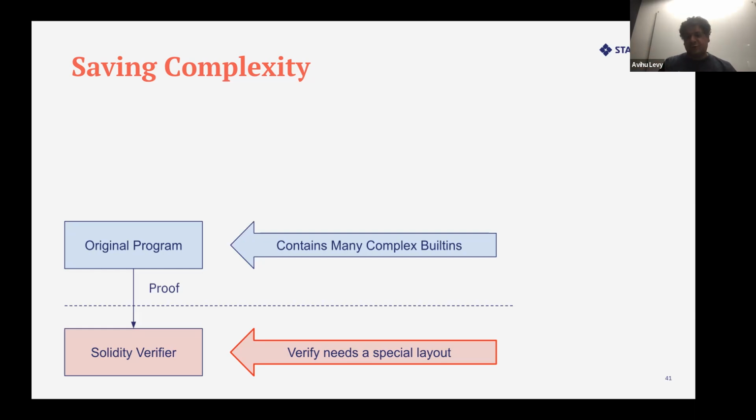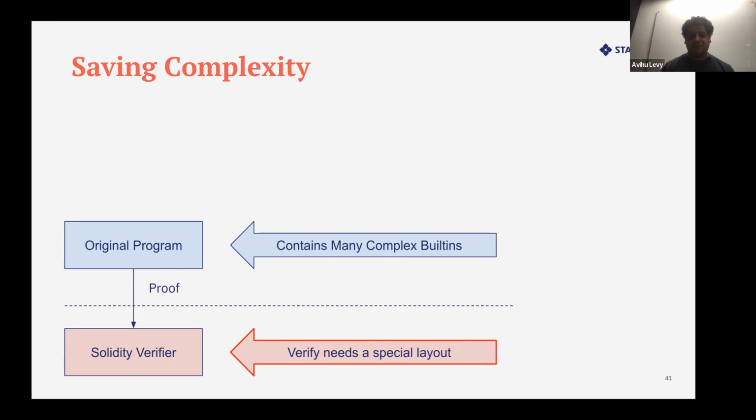And it helps us. So for example, if you want a hash function that is very efficient to prove, we add it as a built-in to Cairo, and then we can use this built-in in Cairo programs, and this built-in will be proven more efficiently. But that most of the time means that for every built-in that we add, we also need to add support in the verifier.